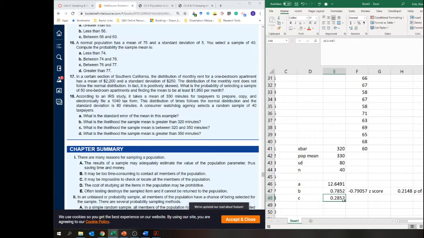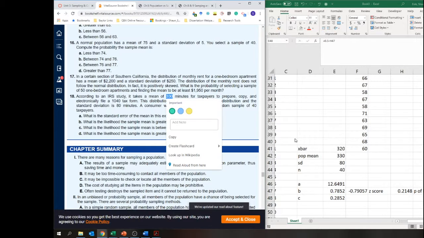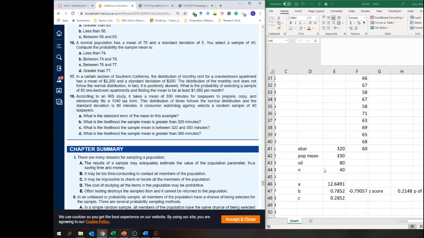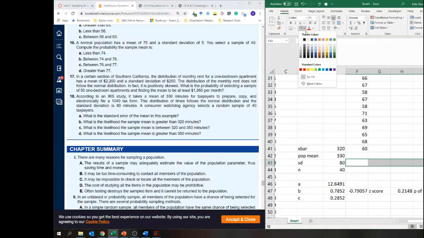Okay, so 0.5 is the probability of a group of 40 having an average of 330 minutes or below. And so if I take the average of 330 minutes or below and subtract from it the probability of 320 minutes or below, in other words, let me make a visual.